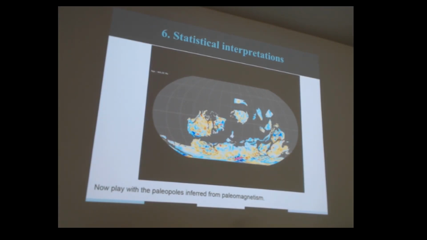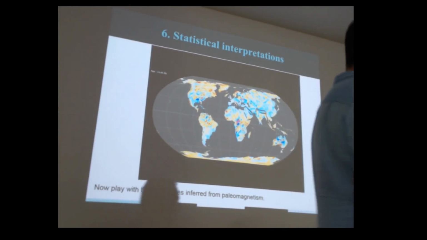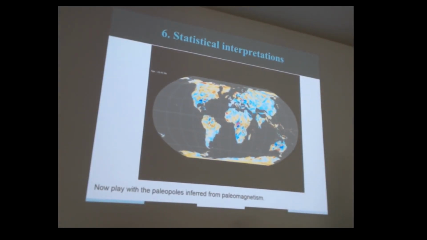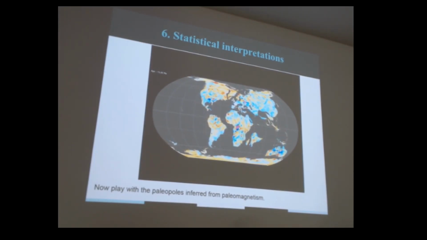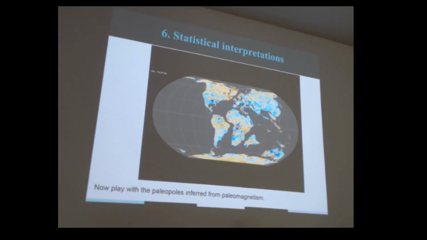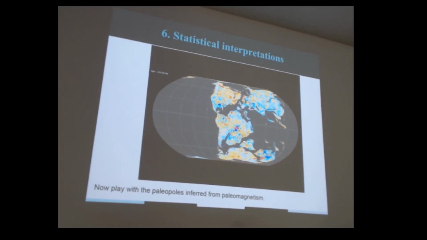But at least you can see that there are lots of continuities, and you will not realize this otherwise. Maybe gravity can give you information, but see Madagascar here, and here it's joining again.